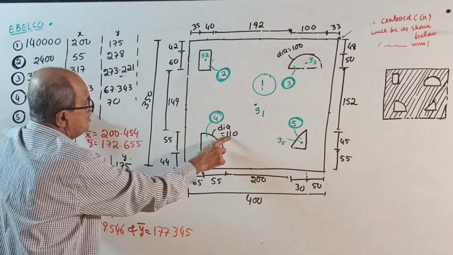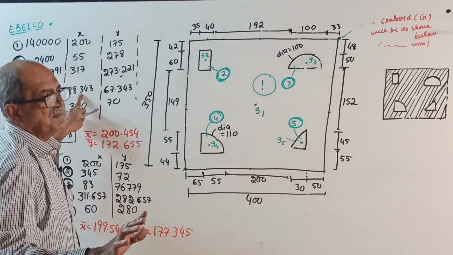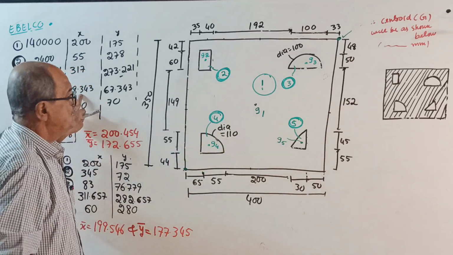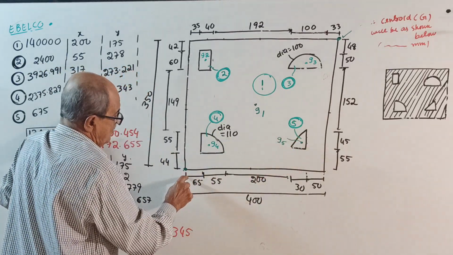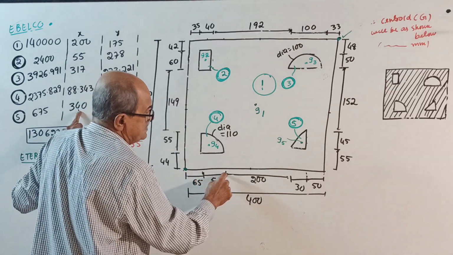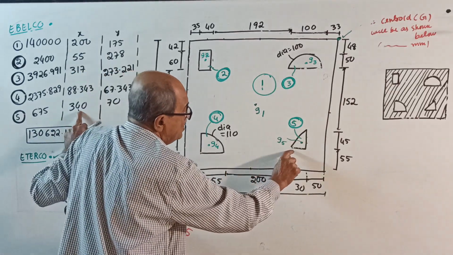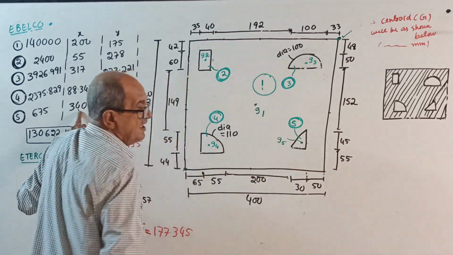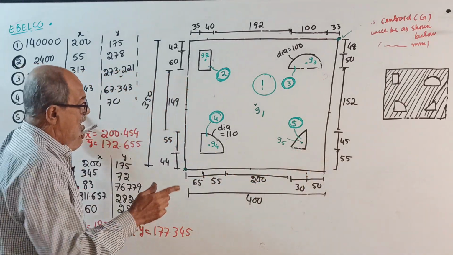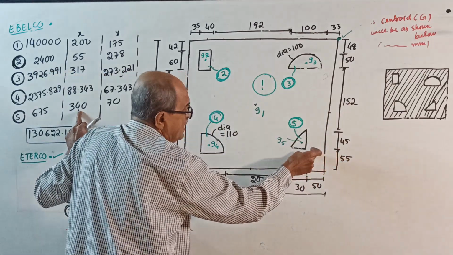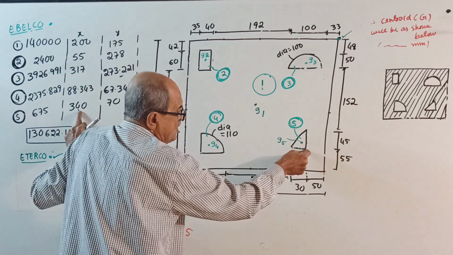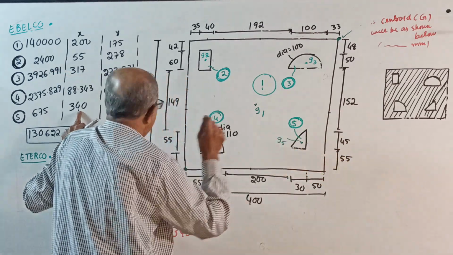See, 2 into 110, I will call it 2d by 3 pi; you should see the diameter and substitute. x5 is 65 plus 55 plus 200 plus 2 by 3 of 30. Actually that is lengthy; or 400 minus 50 minus 1 by 3 of 30.